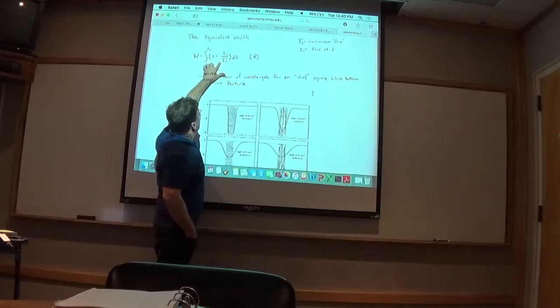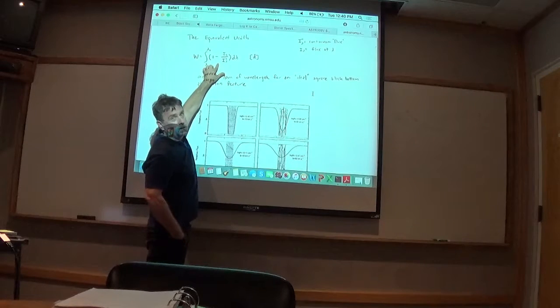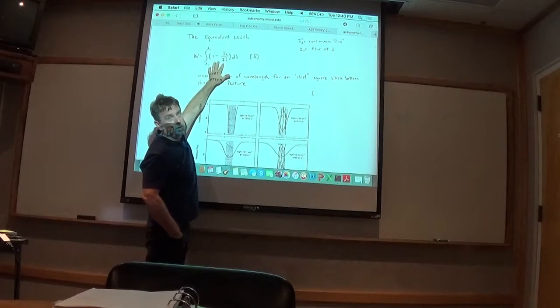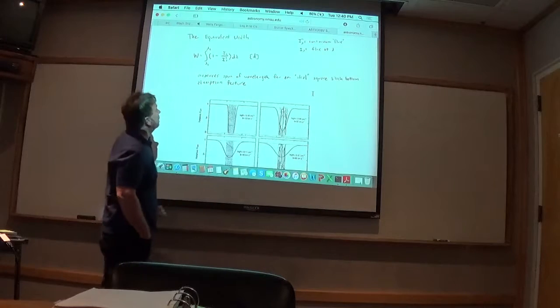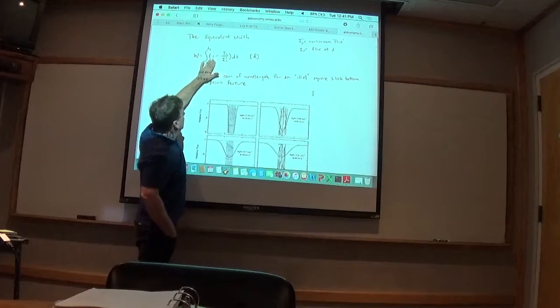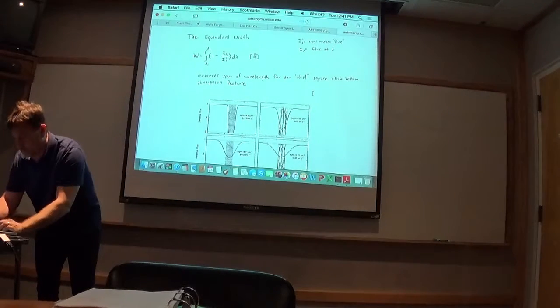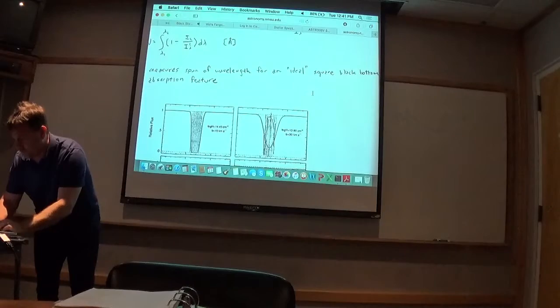This quantity right here is known as the flux decrement, how much the flux has been reduced from unity. Basically what you're doing is finding the area under the absorption profile. So here's an example, let me blow that up a little bit.